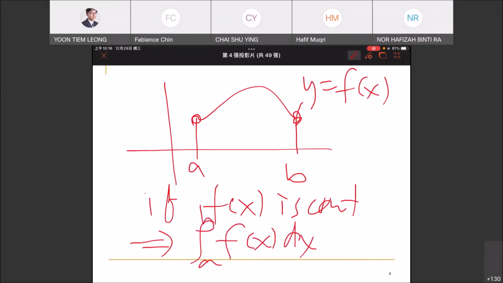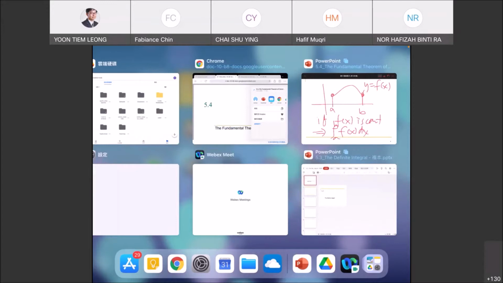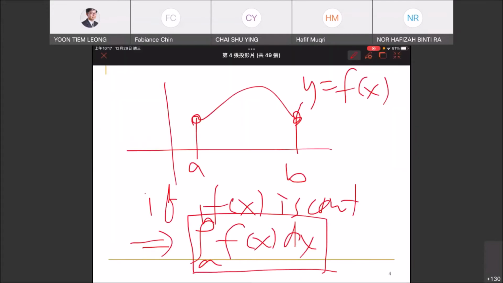So when you say f(x) is integrable between a and b, it means the Riemann sum for the function between a and b exists, and the Riemann sum converges to a number. So if this number exists, then we say the function is integrable.